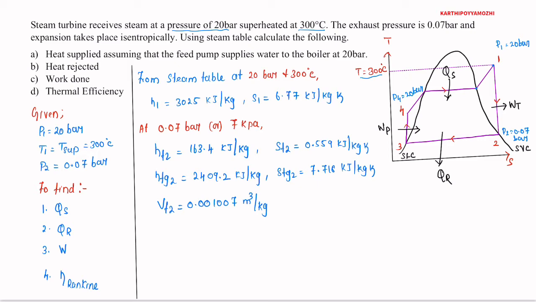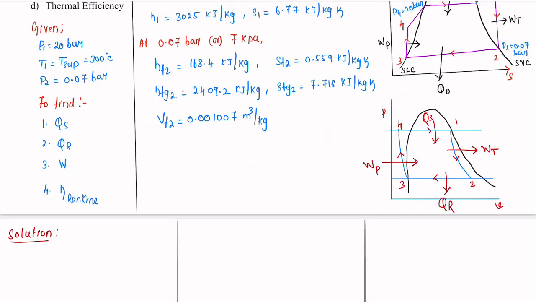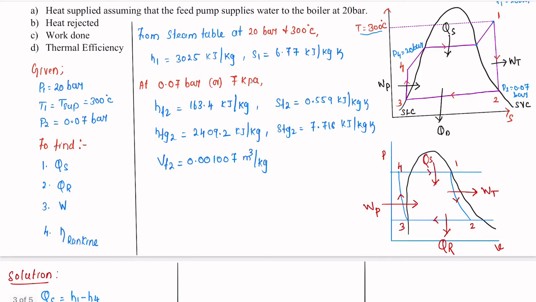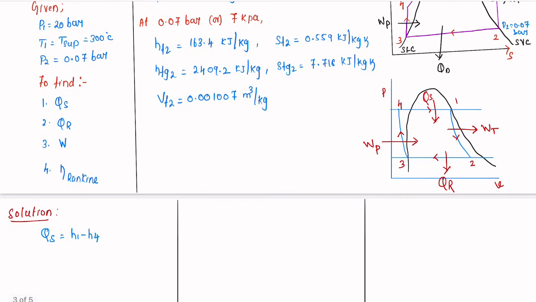Heat supply is given by the equation Qs is equal to H1 minus H4. That is, the heat is supplied from 4 to 1. Therefore, the difference in enthalpy at these two states will be the value of the heat supply. Therefore, Qs is equal to H1 minus H4.